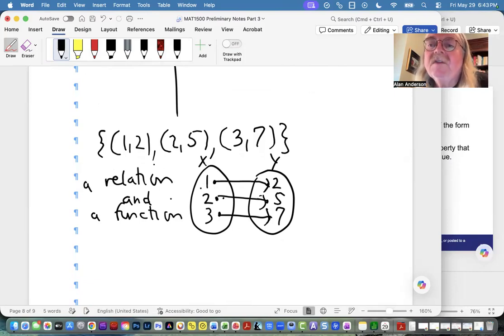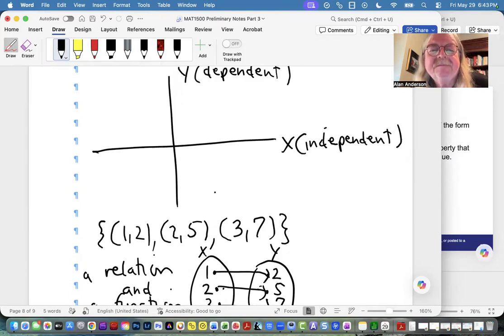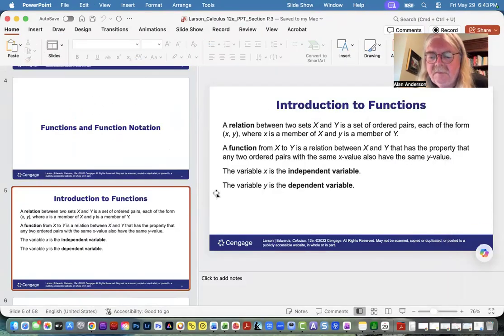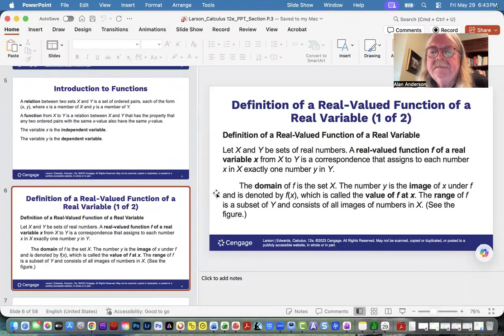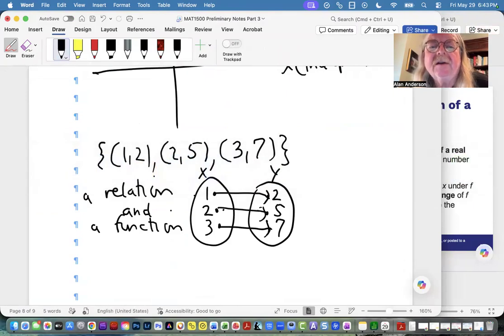Now, of course, most functions are expressed as an equation of some kind, but you always have the ability to express it as a set of ordered pairs if you want to. But obviously, it's more convenient to do this as a function, some kind of an equation that represents that function. Let's see. Oh, and now they're reminding us of the terminology here.